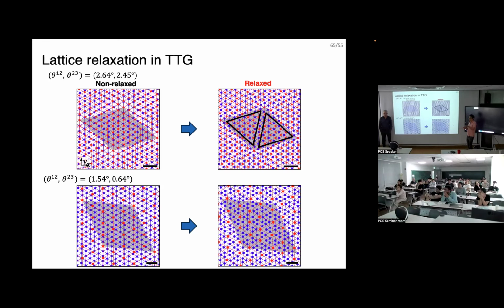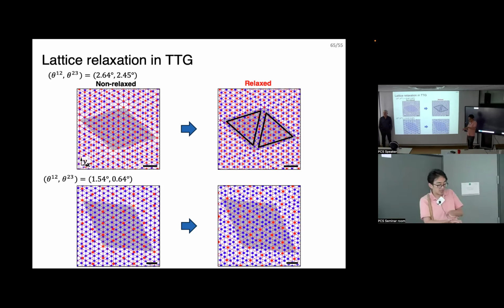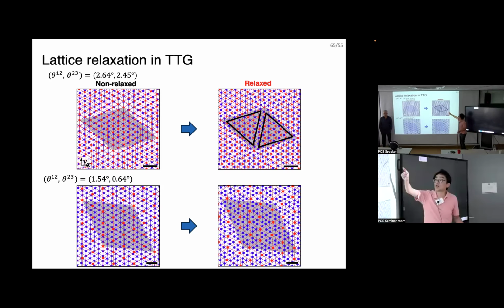We assume a very simple sinusoidal energy landscape as a function of the shift between A and B. You construct the system giving the AB and AA energies, and just minimize the total energy. Then you know where the carbon atoms are and what the interlayer registry is. Then we calculate the bands. So that part is not self-consistent.